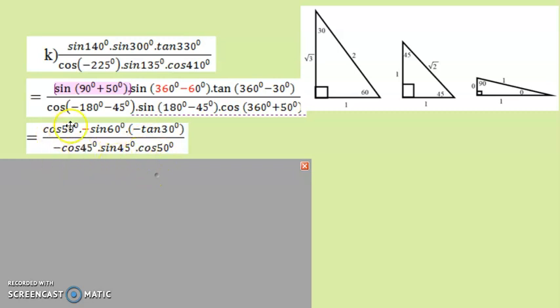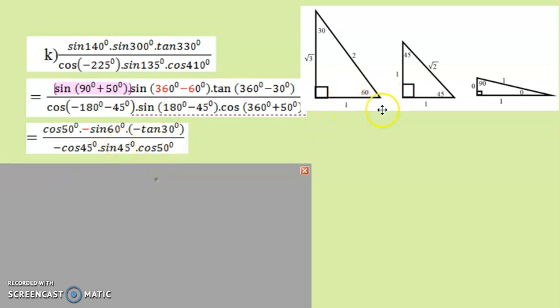Now cos 50 will cancel out cos 50. Cos 45, sine 45 does not relate to those on top. But I know tan of 30 can be written as sine of 30 over cos of 30.